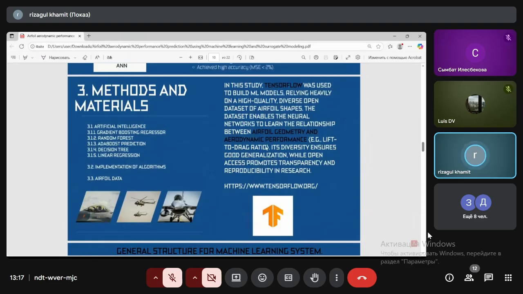So, methods and materials. In the study, TensorFlow was used to build machine learning models. At the end of the text, you can see the link to TensorFlow. It's open source. The TensorFlow Python library for machine learning has played an important role in constructing models for various machine learning algorithms.